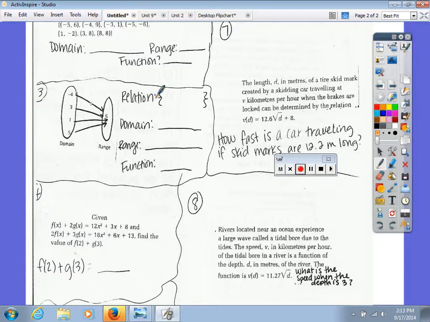So what is my first ordered pair in this relation? -4, 6. What's my second ordered pair? 3, 6. What's my next ordered pair? And my last ordered pair? Very good. Now from here, since I mapped it, or I put them together, what's my domain going to be?